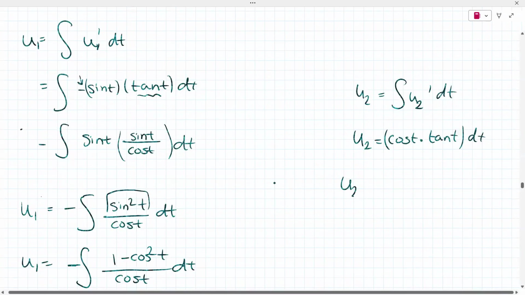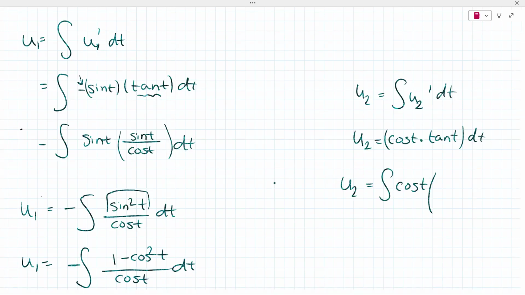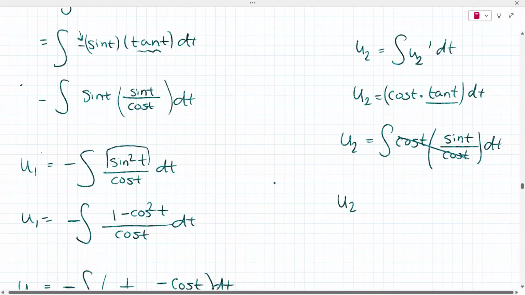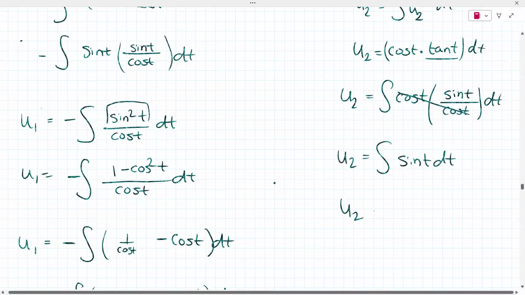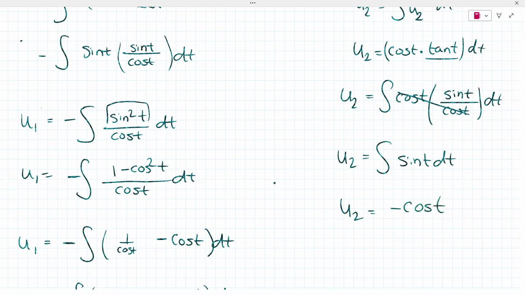We can rewrite tan of t as sine of t over cosine of t. Then the cosine of t cancels, so you're left with u2 equals the integral of sine of t dt. So my u2 is negative cosine of t.